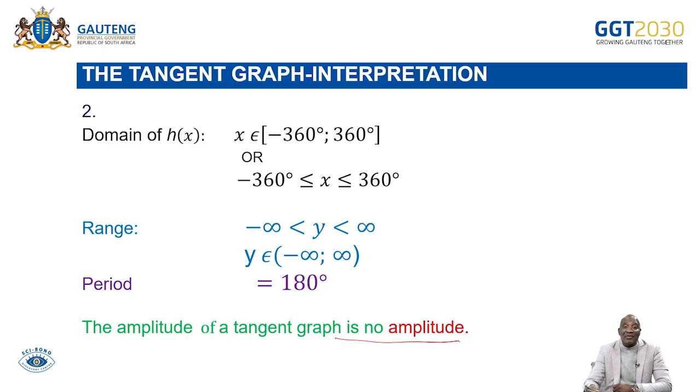Neither can you say infinity. I know you are thinking of saying infinity minus negative infinity divided by 2, it goes back to infinity. Yes, that's mathematically correct, but you'll never know who is infinite. So when it comes to the tangent graph, the answer for amplitude is just no amplitude. Let's not try to be impossible and say infinity minus infinity divided by 2. No, it's just no amplitude.